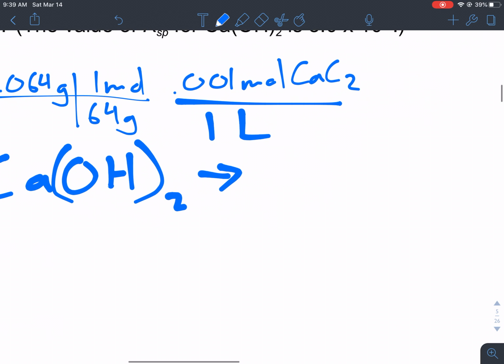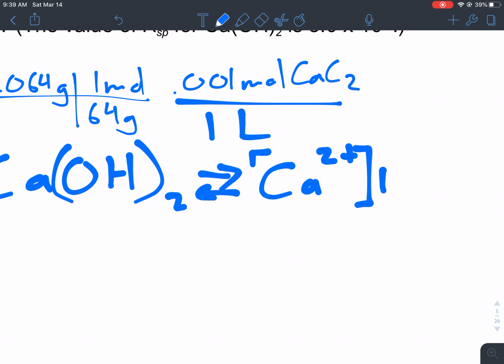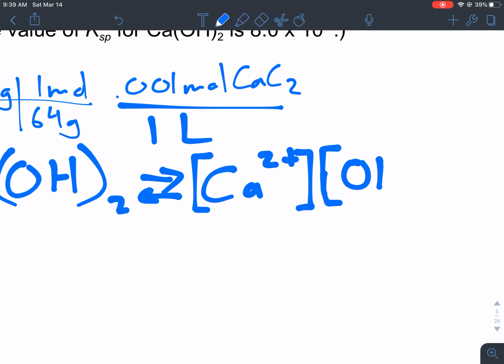decomposing into Ca2+ times concentration. Sorry, I'm writing this all wrong. Let me fix this. Okay.